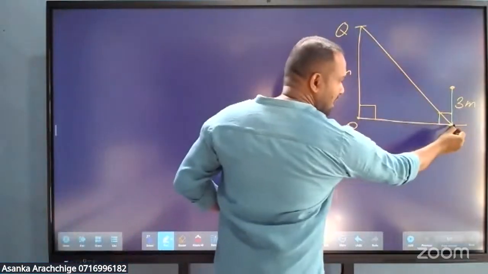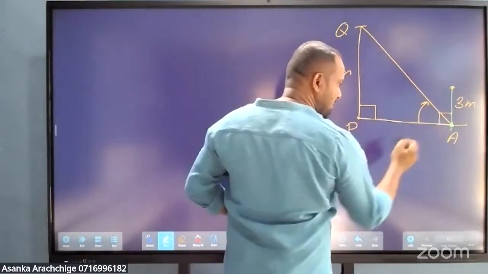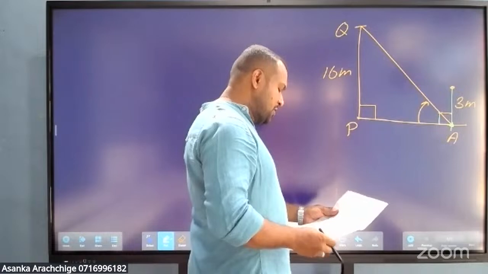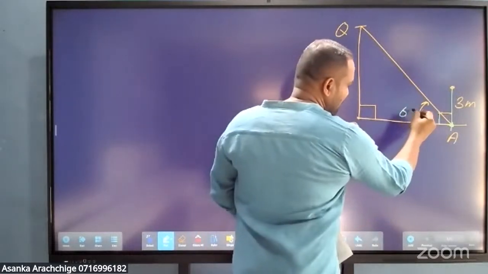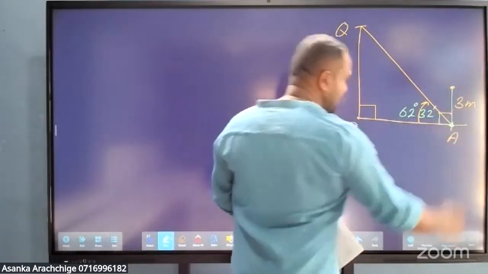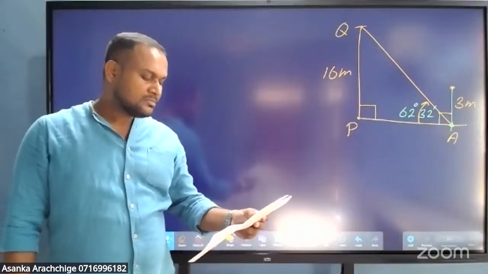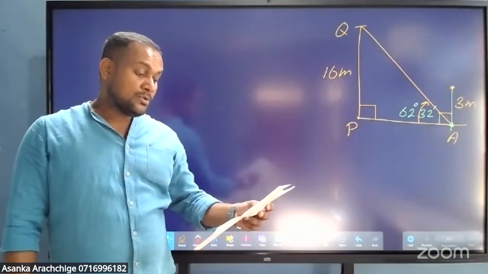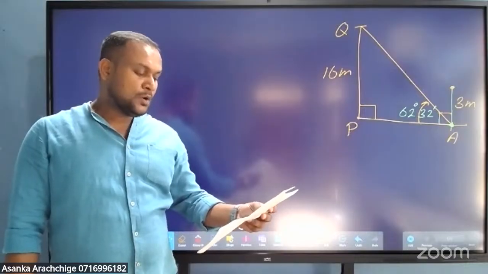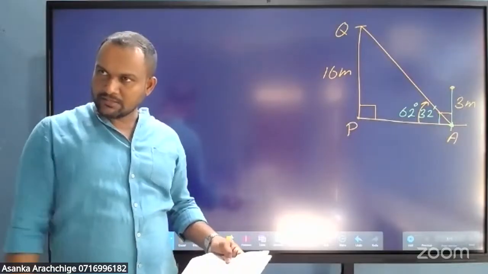This is the eye level. This is the angle of elevation. 62, 32. 62 degrees and 32 minutes. Copy the above diagram into your answer sheet and include the above information. Correct? Have you done this? Right.